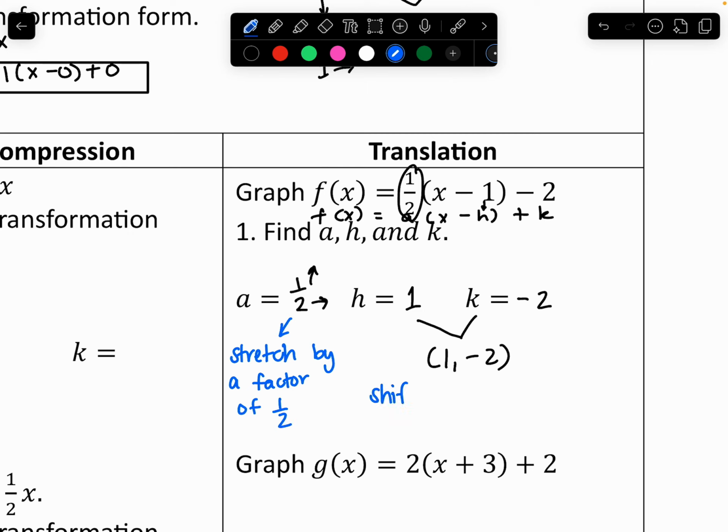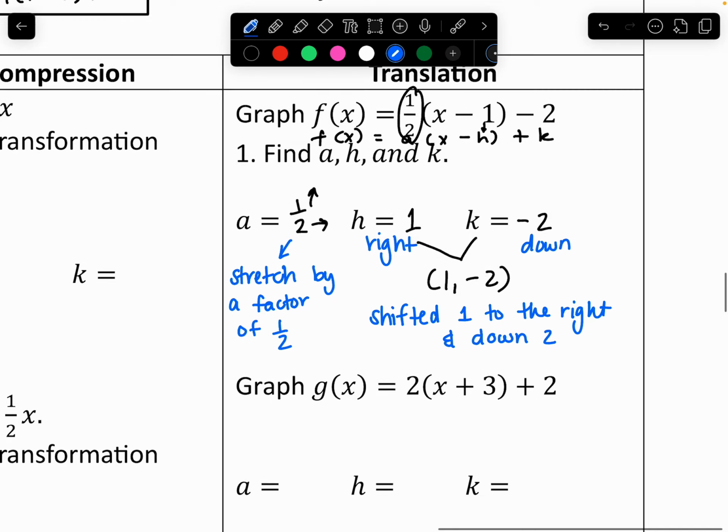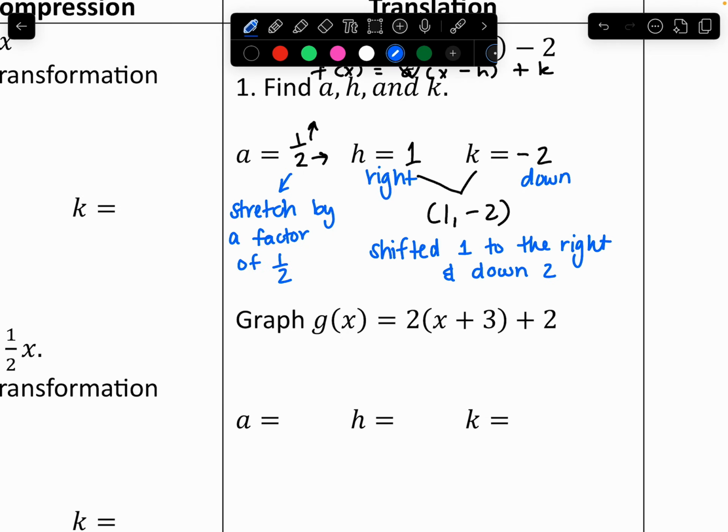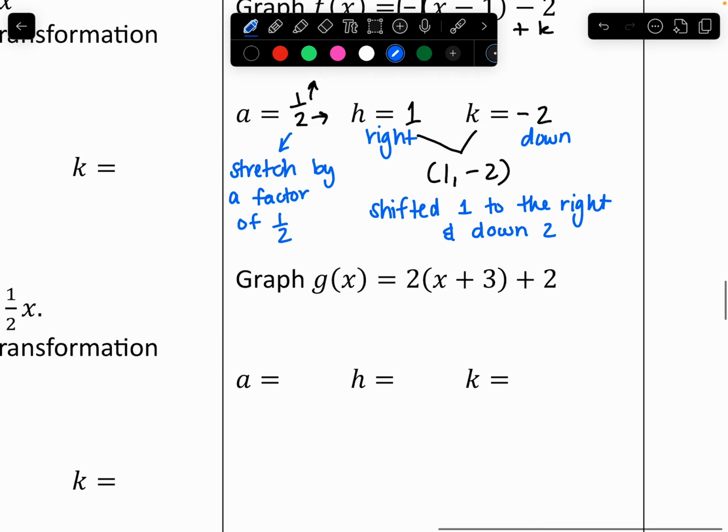And then it shifted 1. This is going to be right. It's going to be down. 1 to the right. And down 2.